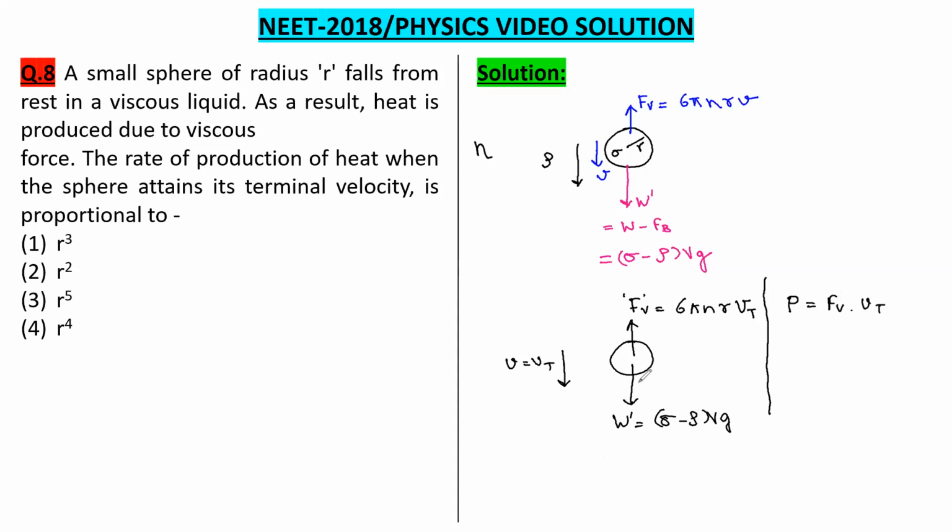In the case of terminal velocity, the magnitude of Fv would be W dash, that is (sigma minus rho) Vg. G is constant, so this is K into r cube, as volume is proportional to r cube.